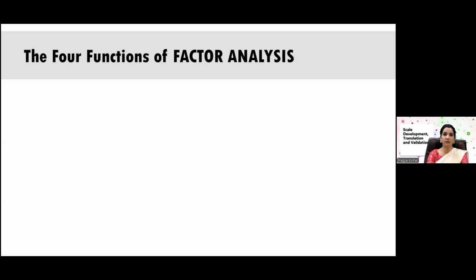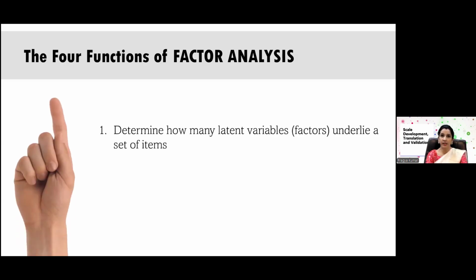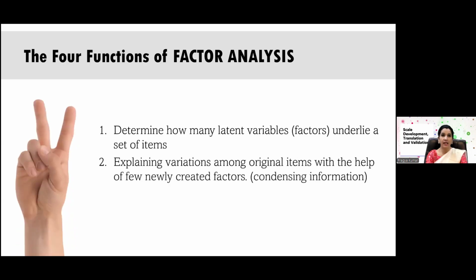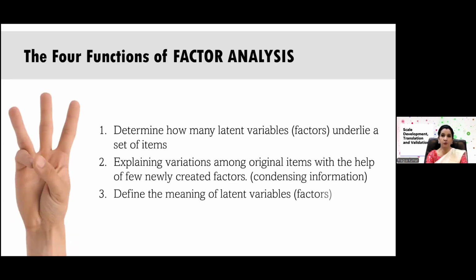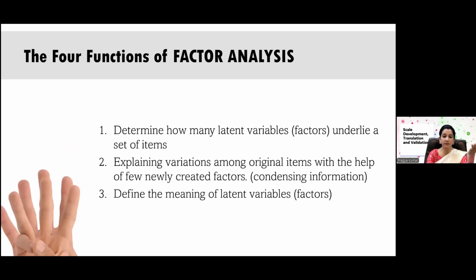So that broader construct is getting broken into a number of latent factors that you should see. Factor analysis determines how many latent factors underlie a set of items, and it explains the variation among original items with the help of newly created factors, because you are condensing the information. Then you define the meaning of the latent variable, because if 3-4 items make one latent variable, you will define what that latent variable is.